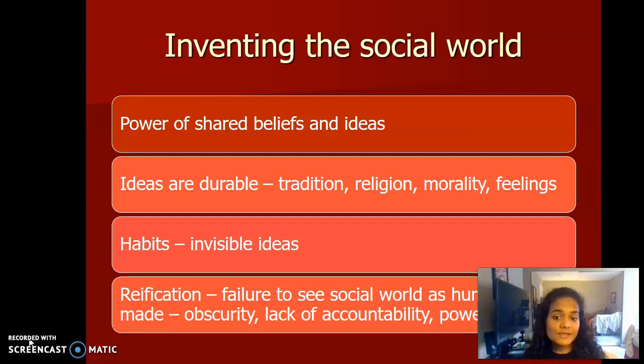Many of us fail to see the social world as humanly made, and that in turn leads to these social institutions and structures becoming really obscure, out of reach, right? That in turn leads to lack of accountability and that feeling of powerlessness, right? Because a lot of this seems just so opaque, out of reach. We don't really know how these things are working. We have a tendency to naturalize them, right?